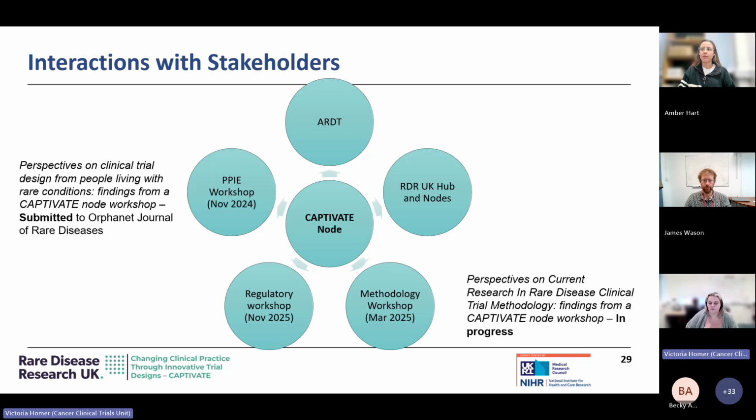Our final workshop was held just a couple of weeks ago with regulators and reimbursers, to think about how we improve and streamline the end-to-end process of therapy development and approval in rare diseases. That was very much jointly developed and run between various nodes on rare disease research as well as the ARDT.